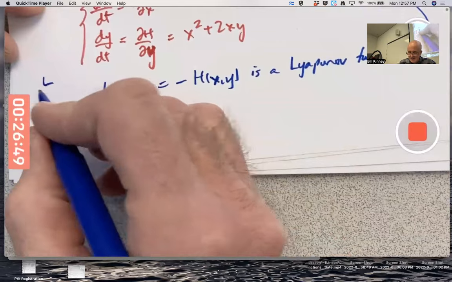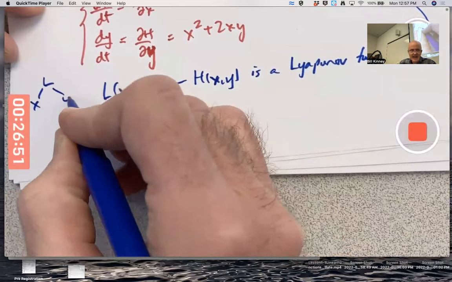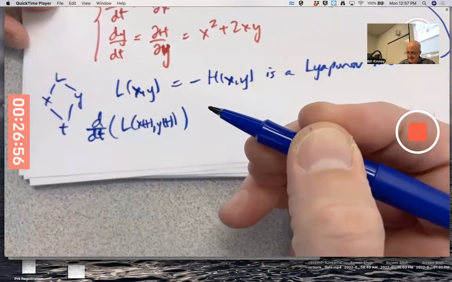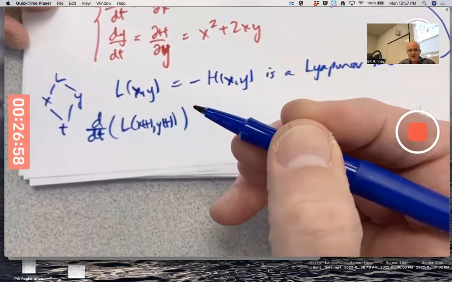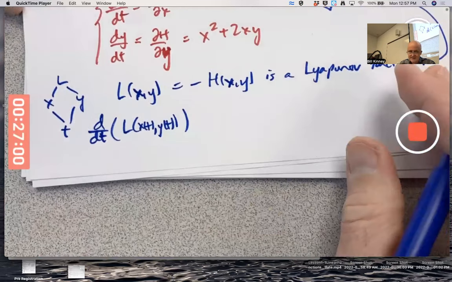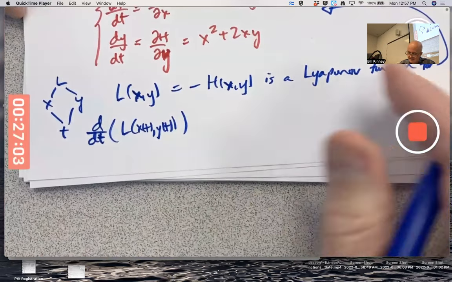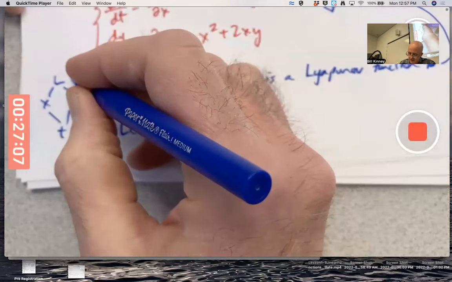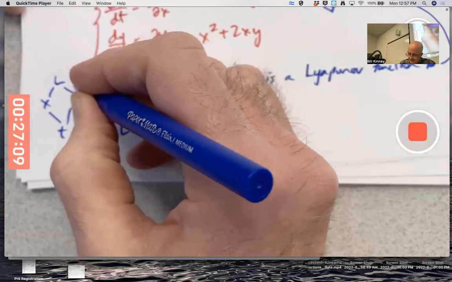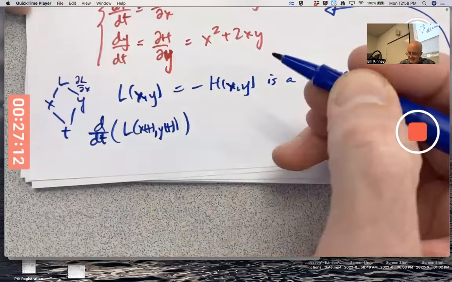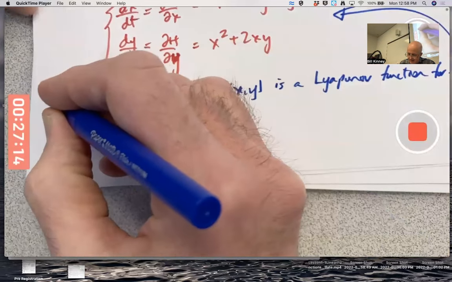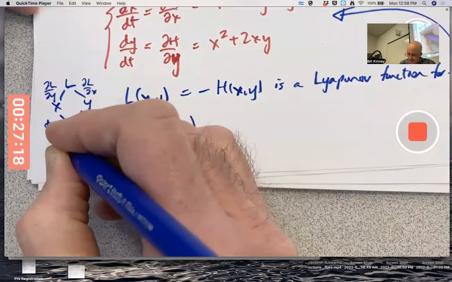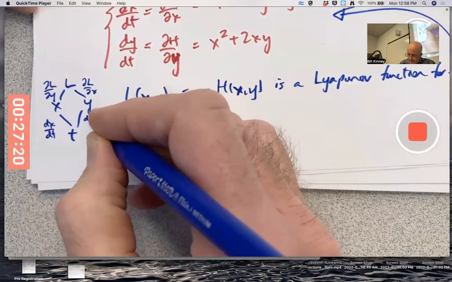You can think of L initially as depending on x and y, but then x and y both depend on t. You'll see diagrams like this sometimes. And the multivariable calculus chain rule in such a situation says to take a derivative like this, you've got to find all possible derivatives along this diagram: of L with respect to x, of L with respect to y, of x with respect to t, and y with respect to t.